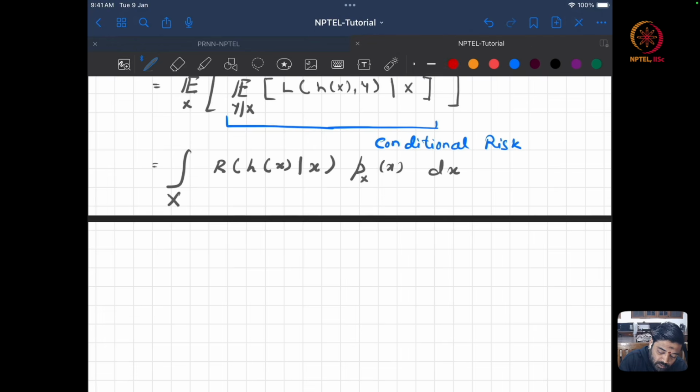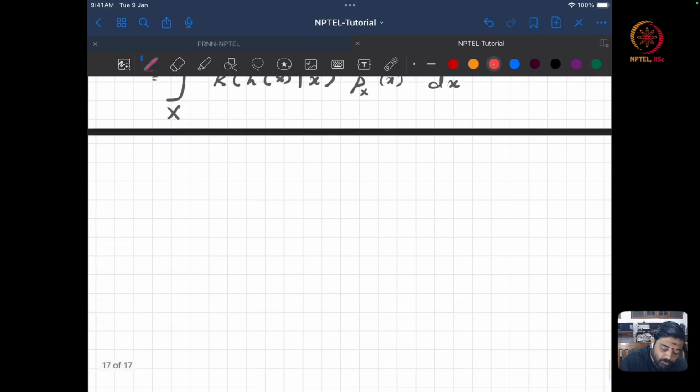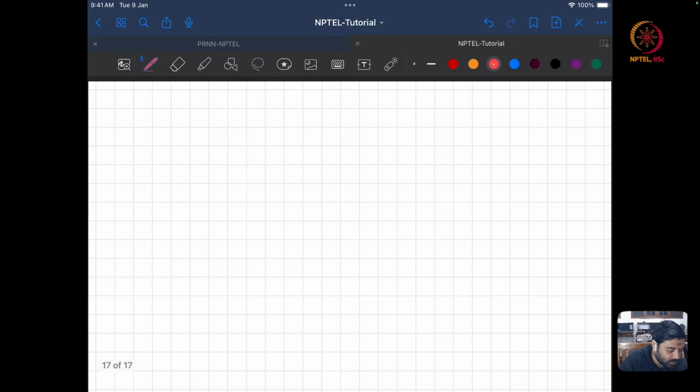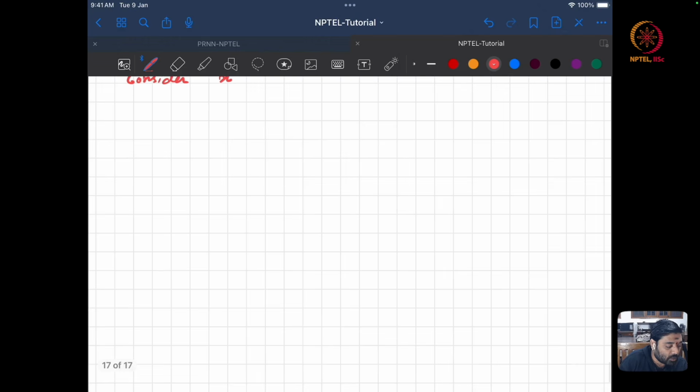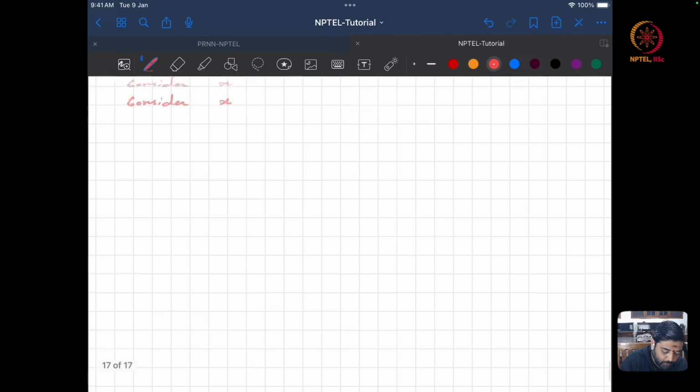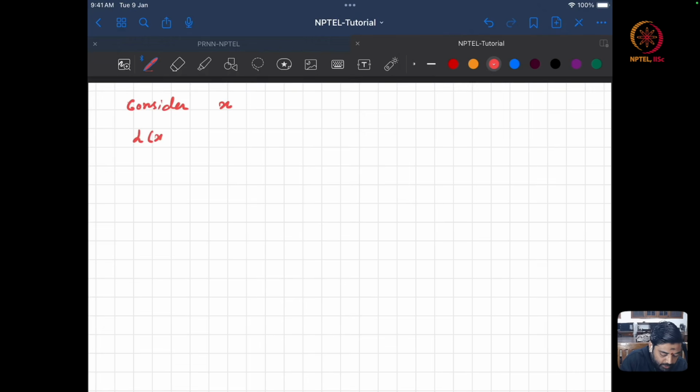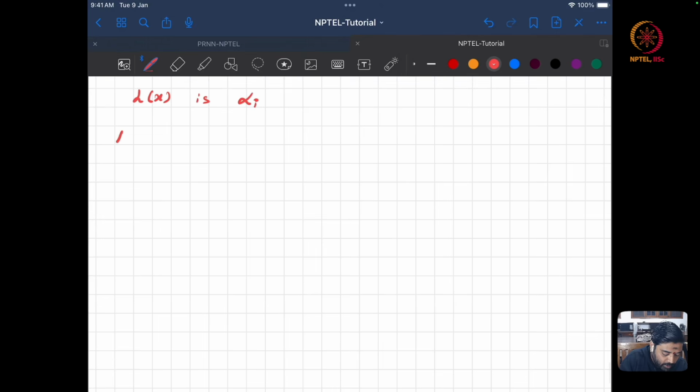Let's go to this conditional risk for a given example X. Consider X. Now let's say that the classifier h(X) is alpha i for this specific case. Then I can come up with a conditional risk. Now what does it denote?